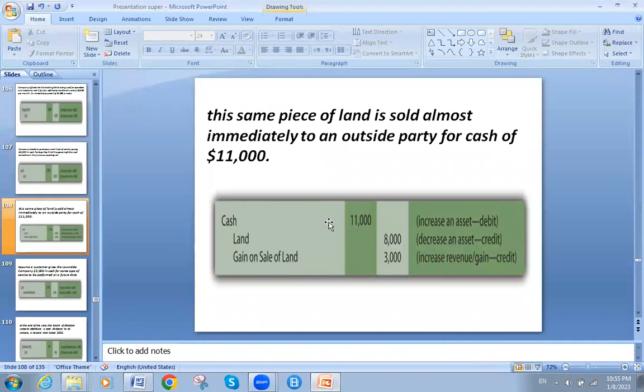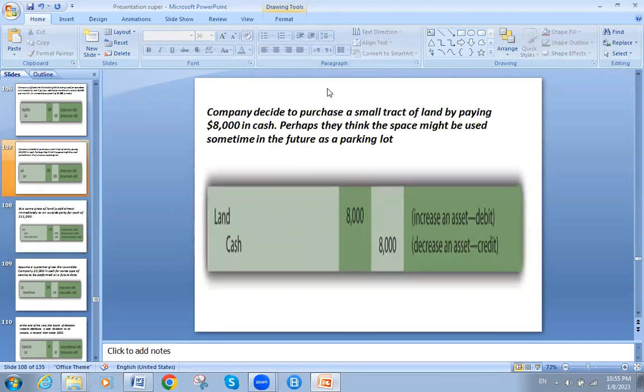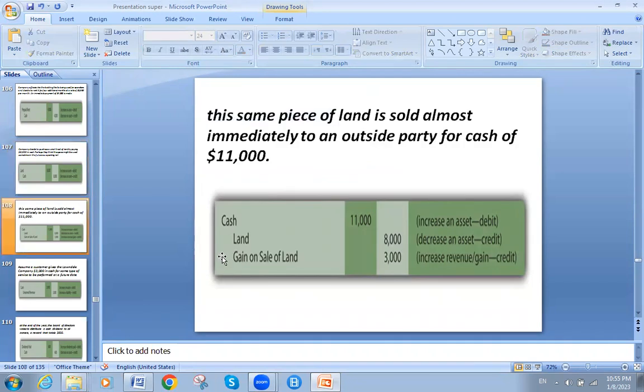Now let's see what happened in this transaction. The same piece of land is sold almost immediately to an outside party for cash of 11,000. In the previous slide, I bought the land for 8,000. Now I will sell the same land for 11,000. What do we mean by this?